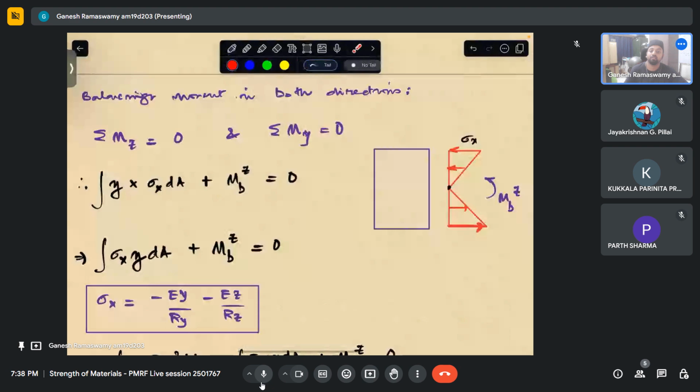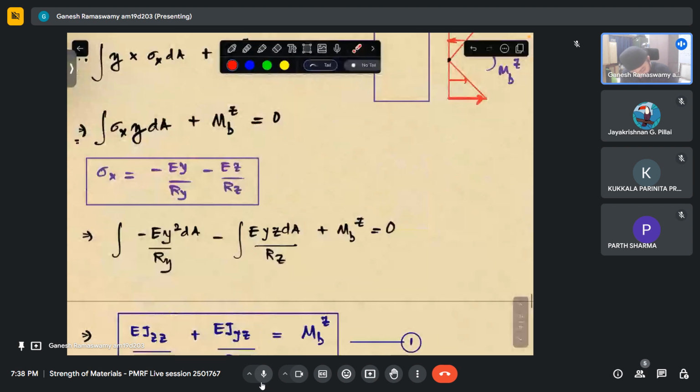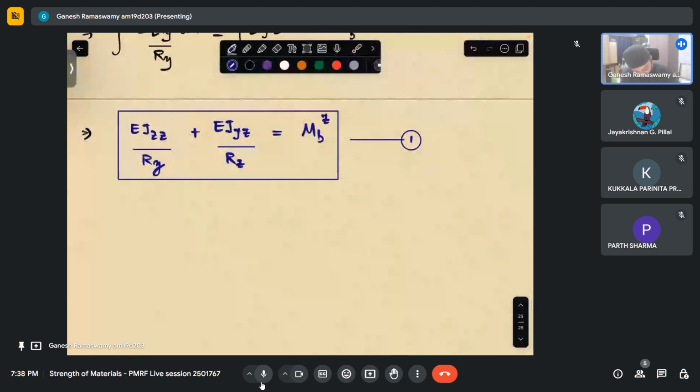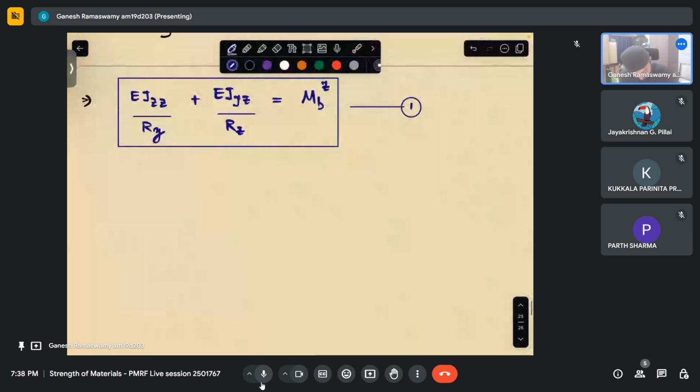Now when I do the same thing along the y direction, you can work that out. When I post this sheet, I'll post it with the complete derivation.